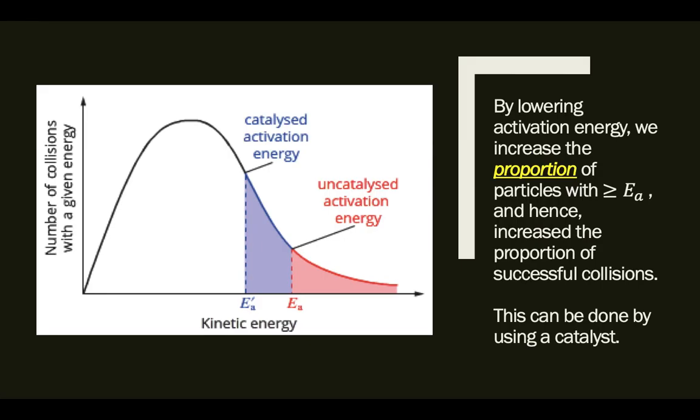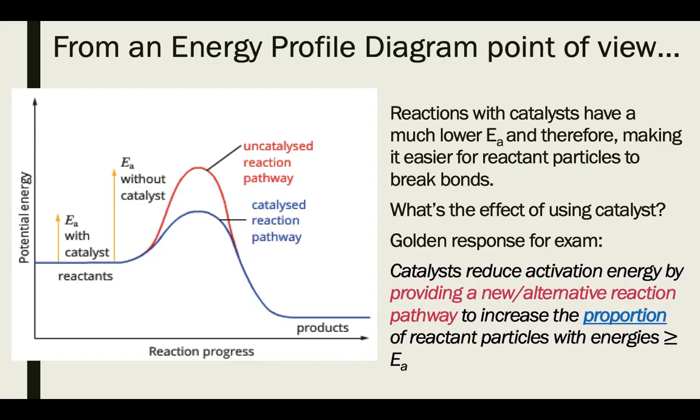So by lowering activation energy on this Maxwell-Boltzmann distribution curve, we can easily see we increase the proportion of particles with sufficient energy, and therefore we can increase the proportion of successful collisions. And this can be done by using a catalyst. Okay?